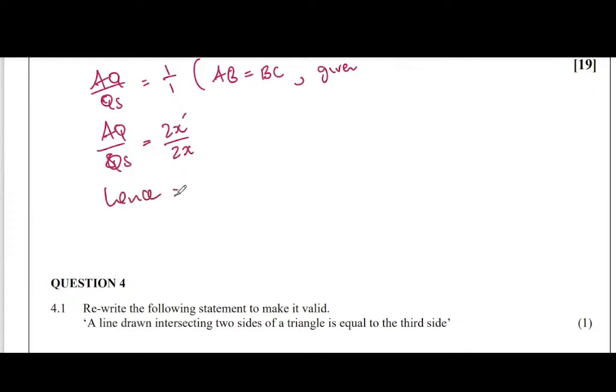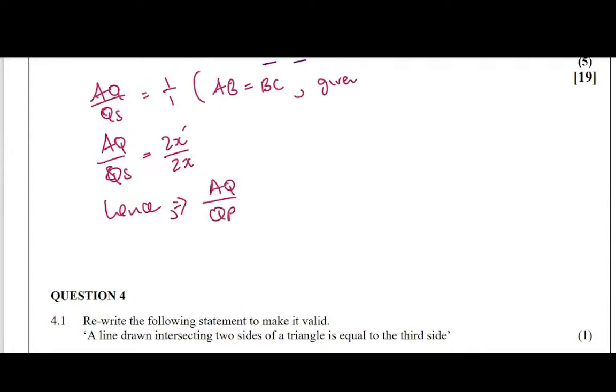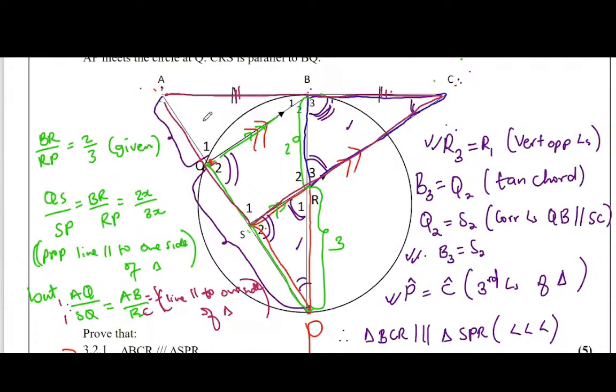Hence, our AQ over the QP, because we said AQ is 2x, and even the QS is 2x, since these two are equal.